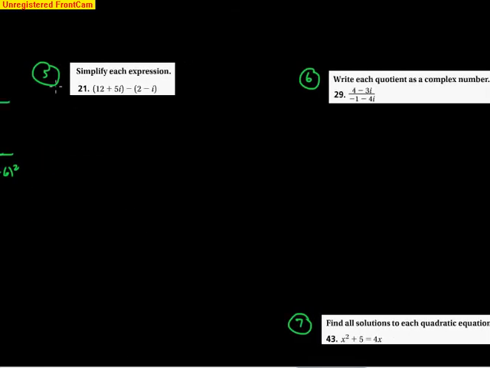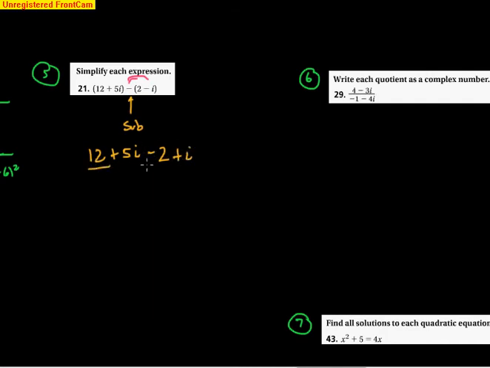Next, let's do some operations here. Let's simplify this. And if you look here, you see this minus sign right there. This means subtraction. And to subtract, we are going to distribute the minus sign. So the first parenthesis stays the same, 12 plus 5i, but we drop the parentheses. And then the second one, we distribute the negative. So that positive 2 becomes negative, and that negative i becomes positive.